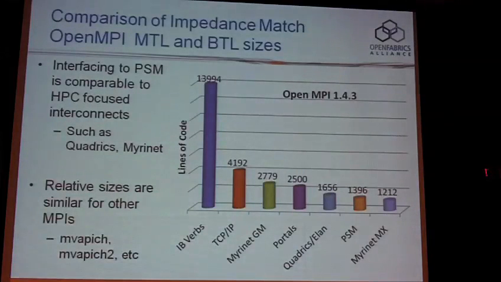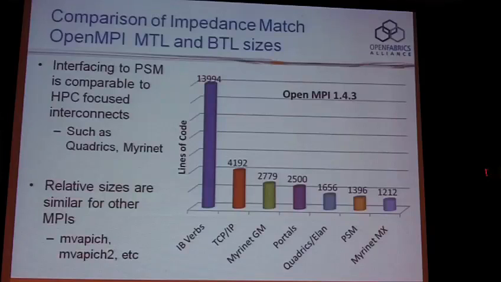Because of this design point around how HPC interfaces work and what the real needs of MPI are, it resulted in an approach that would have a very good impedance match with the actual needs of the MPIs. Looking at, for example, Open MPI, you'll see there's an order of magnitude of difference in the amount of code needed to support PSM versus supporting verbs.